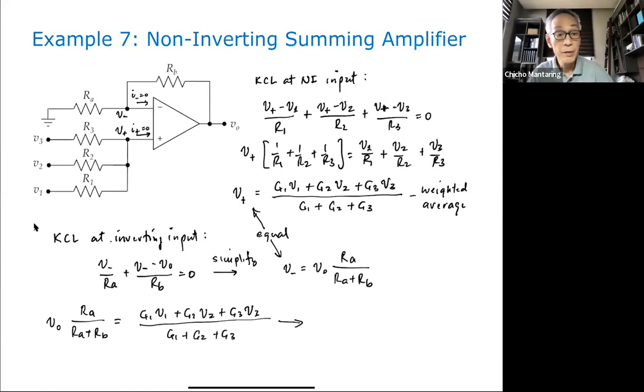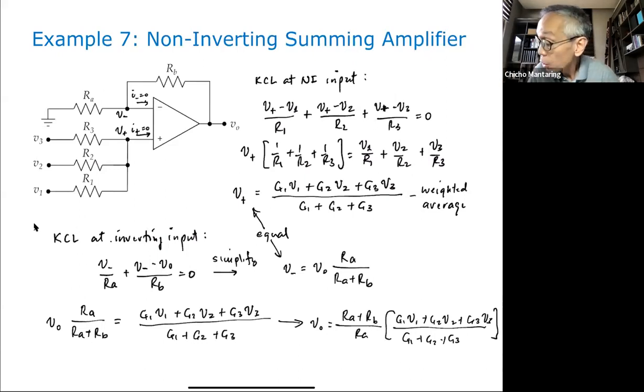Or writing this, I'm going to get V sub O is equal to RA plus RB all over RA, times G1 V1 plus G2 V2 plus G3 V3 all over G1 plus G2 plus G3.